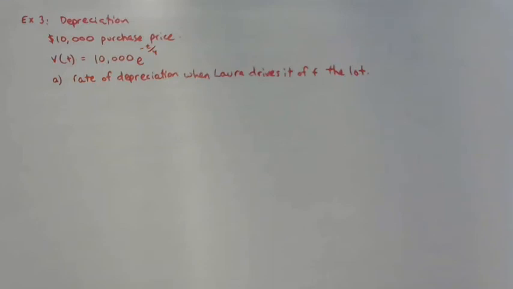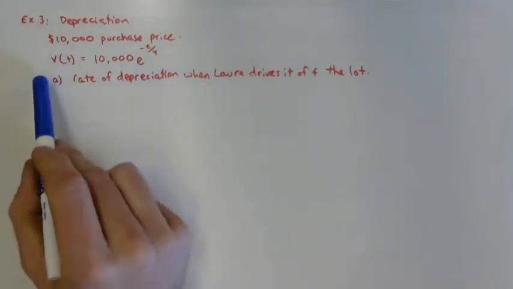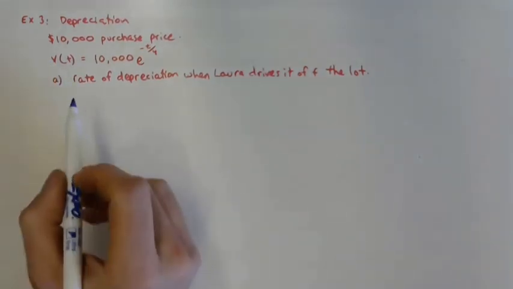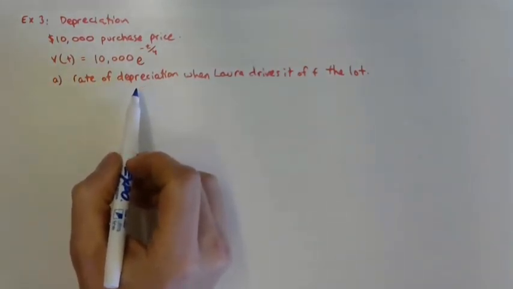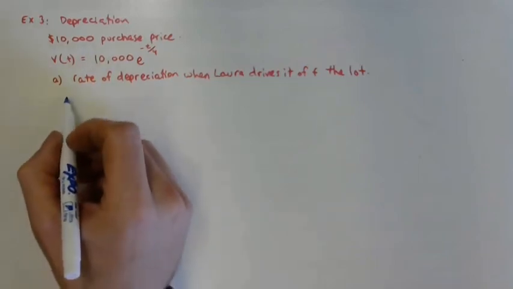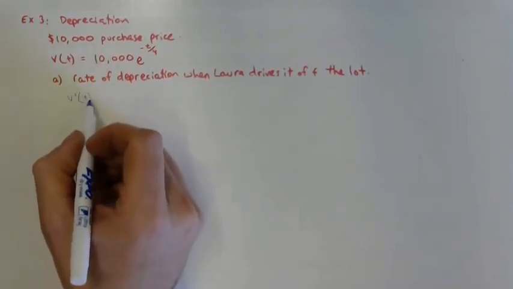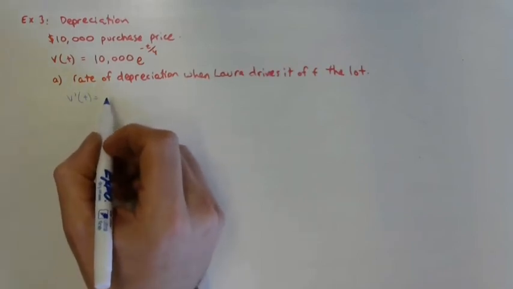So the initial rate of depreciation. The rate of depreciation is the rate of the change of value of Laura's motorcycle. It's the derivative function of the value function will give us the rate of depreciation function, and then we'll have to find it when she drives it off the lot. So first thing we need to do is take the derivative of our value function.